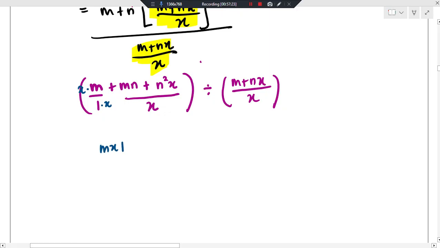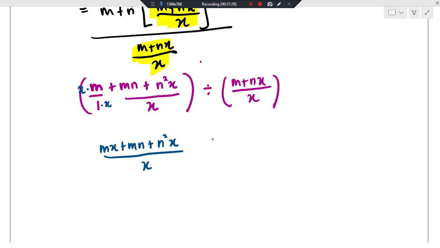X boleh potong. Gila soalan ni. Tak pernah saya jumpa function soalan macam tu. The maths is evolving every day.